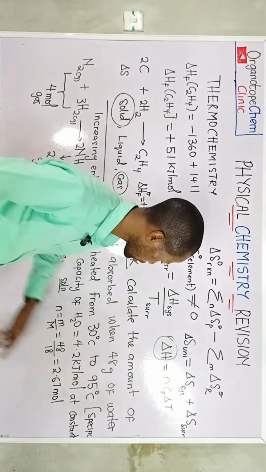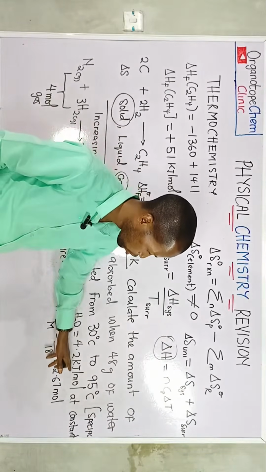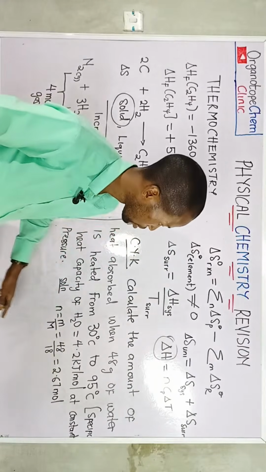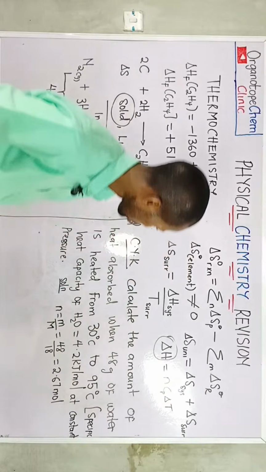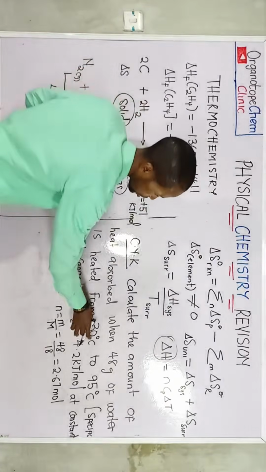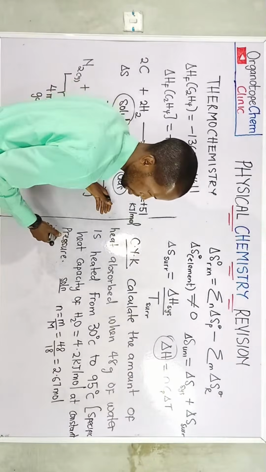Then the specific heat capacity is 4.2 kilojoule. Is that taken? 4.2 kilojoule. Then we have the change in temperature. The change in temperature is right there.